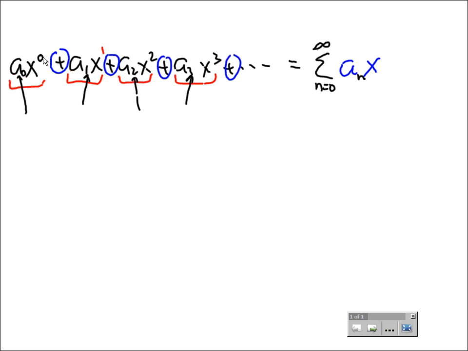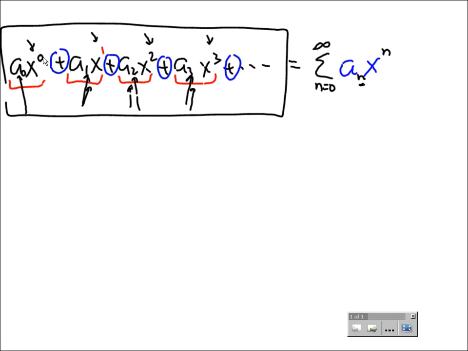Then I notice, oh look, the power of x is exactly the same as those subscripts. And I call the subscript n, so I'll call the power of x n. I just wrote this infinitely long series using sigma notation.